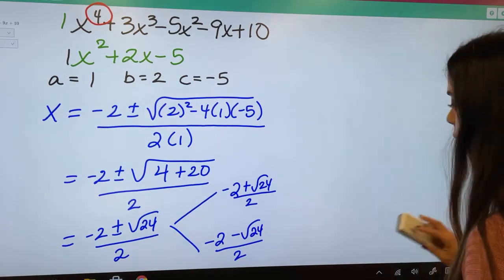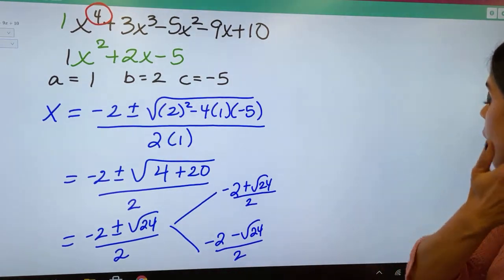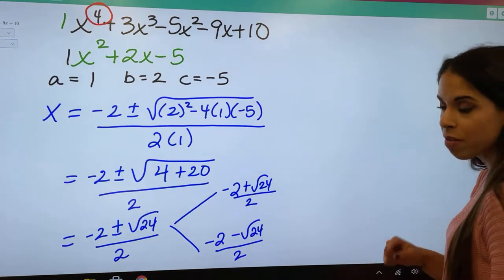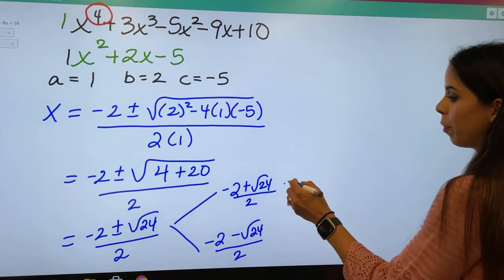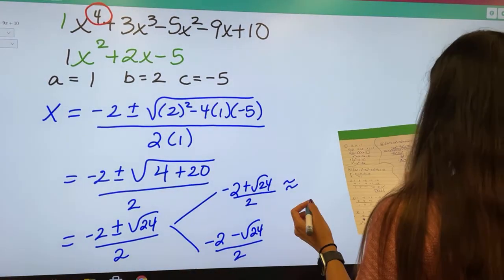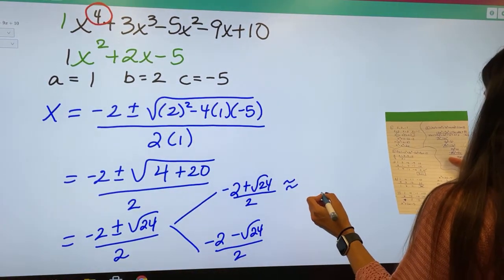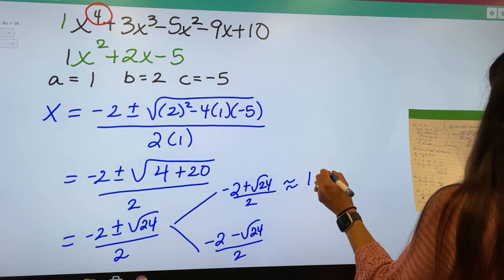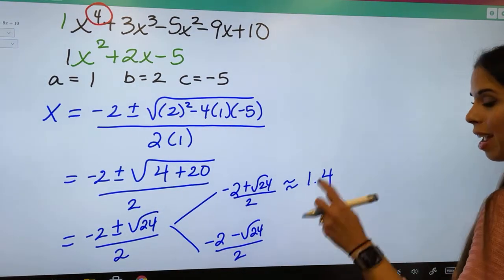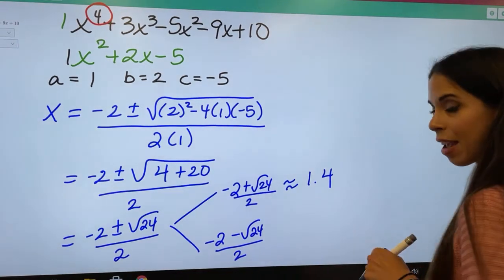So we need our calculator for this part. When we use the calculator, you need to type in -2 plus the square root of 24, hit equals, then divide by 2. You're going to get that that is approximately 1.4. And -2 minus the square root of 24, hit enter, and then divide that answer by 2.